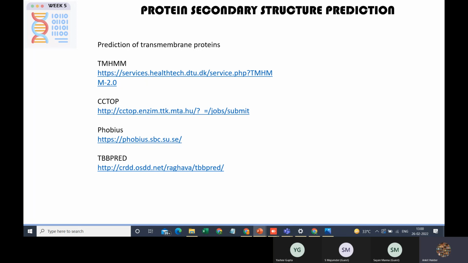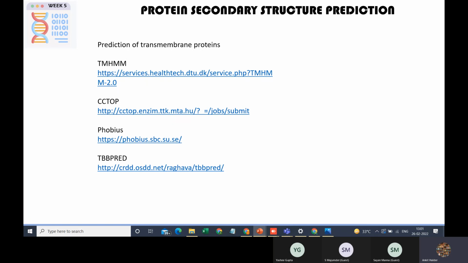If you get an unknown protein sequence, you can identify whether it is a transmembrane protein or not by using these tools. If it doesn't give a certain percentage of beta barrel and coil, it cannot be a transmembrane protein. It will definitely be a different kind of protein.